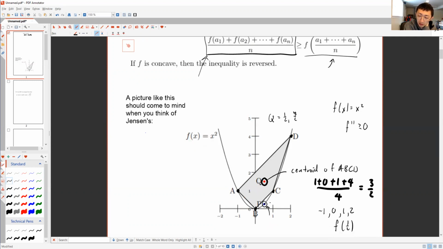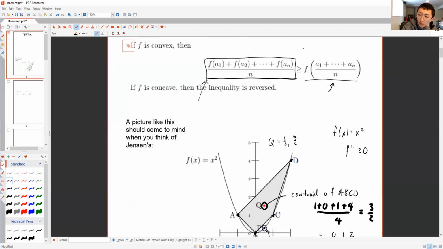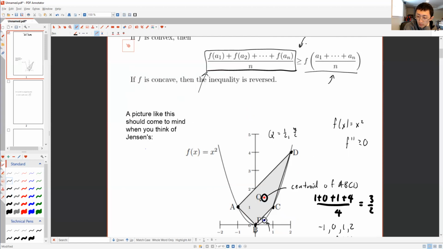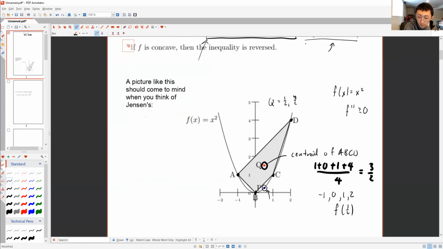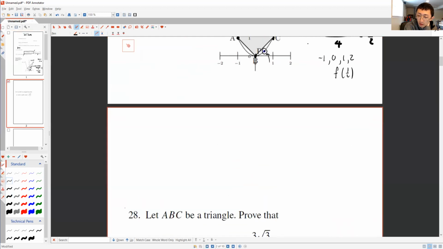So a picture like this should come to mind when you think about Jensen's inequality, so you don't have to remember some random algebraic statement. This is the intuition behind it. It's not a rigorous proof, but this is what you should think of.